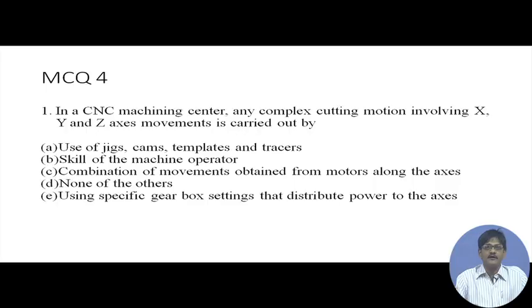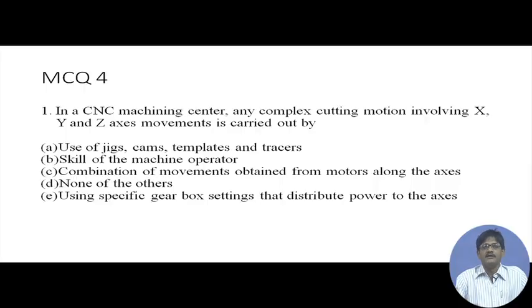B, skill of the machine operator. C, combination of movements obtained from motors along the axis. D, none of the others. E, using specific gearbox settings that distribute power to the axis. So, that means we are talking about a CNC machining center now, which we have learnt about in classification.